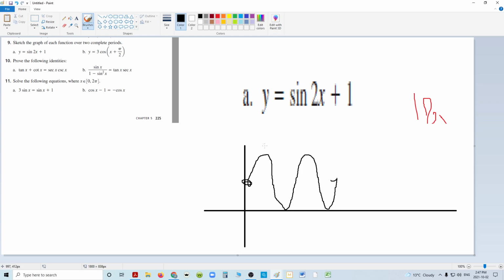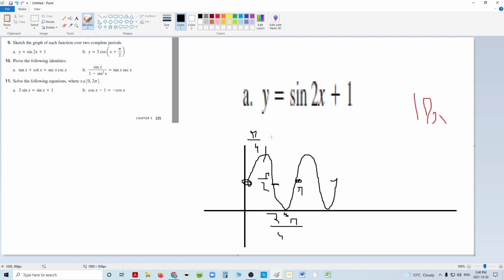Then if you're going to label it, this is not pi over 2 anymore, it's pi over 4. This spot here is not pi anymore, it's pi over 2. This spot here is not 3 pi over 2 anymore, it's 3 pi over 4. And this spot here where it ends is not 2 pi, it's half of that, it's pi.